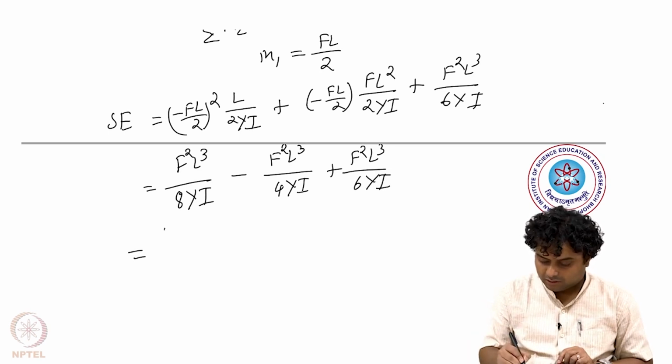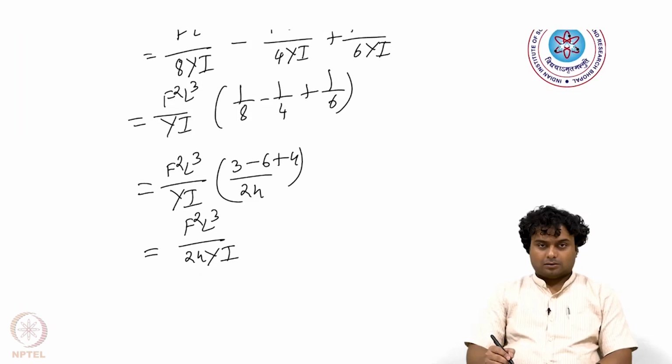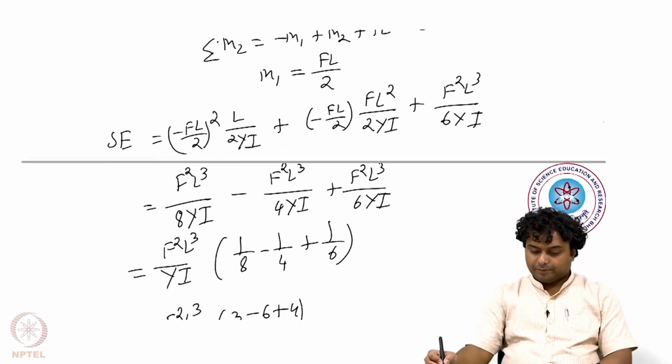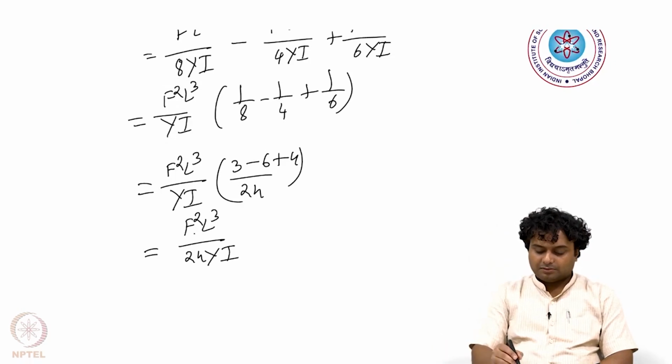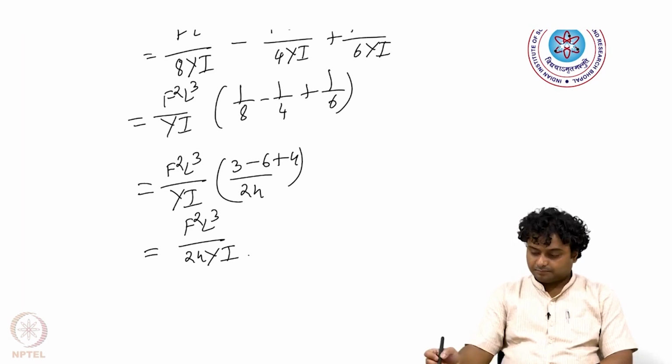If we take F square L cube by EI common, then 1 by 8 minus 1 by 4 plus 1 by 6. Calculating, we get that the total strain energy is F square L cube divided by 24EI.